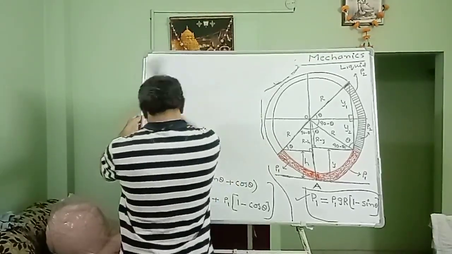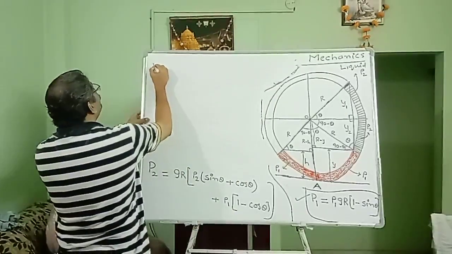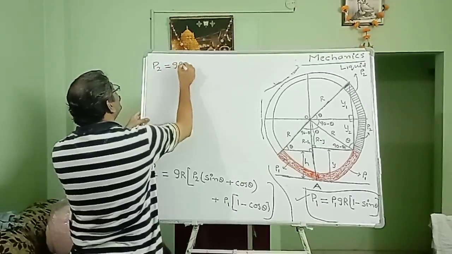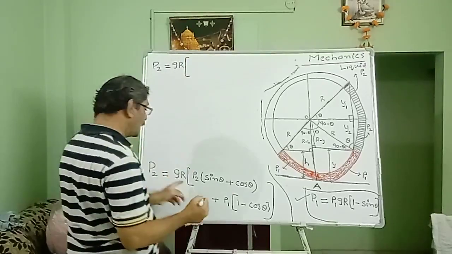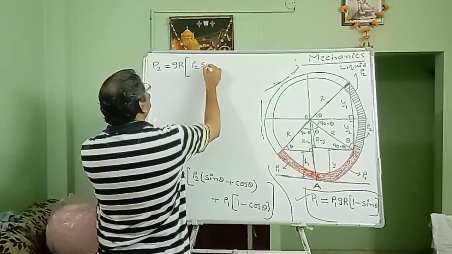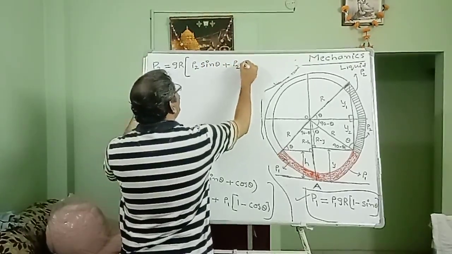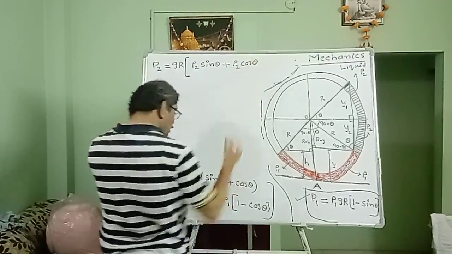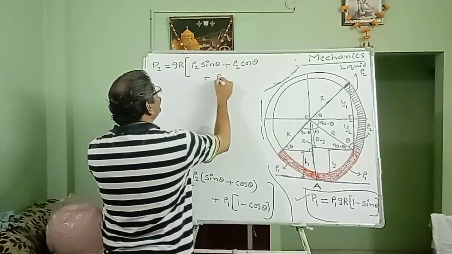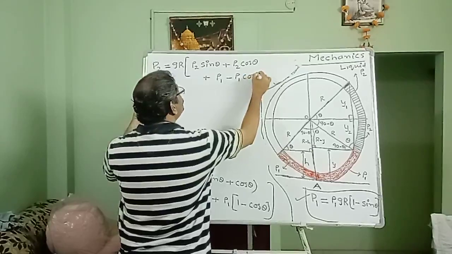so what I am going to get, if I further simplify, P2 will be numerically equal to GR will be common, now multiply rho 2, so we get rho 2 sin theta plus rho 2 cos theta plus the next term will be rho 1 minus rho 1 cos theta.